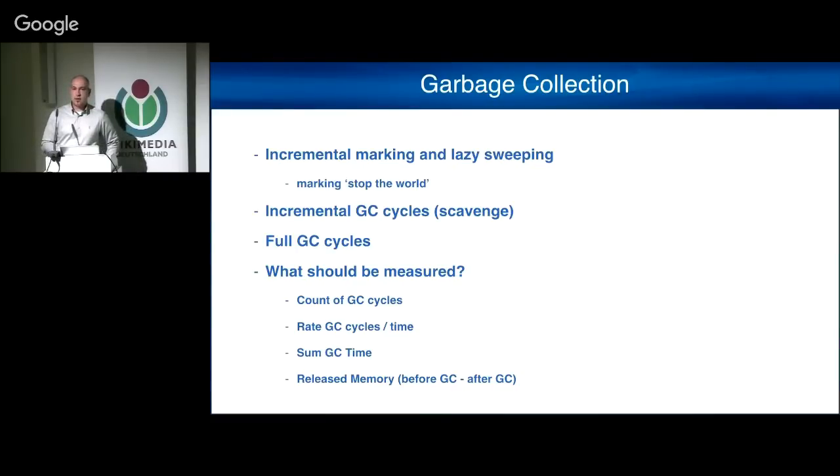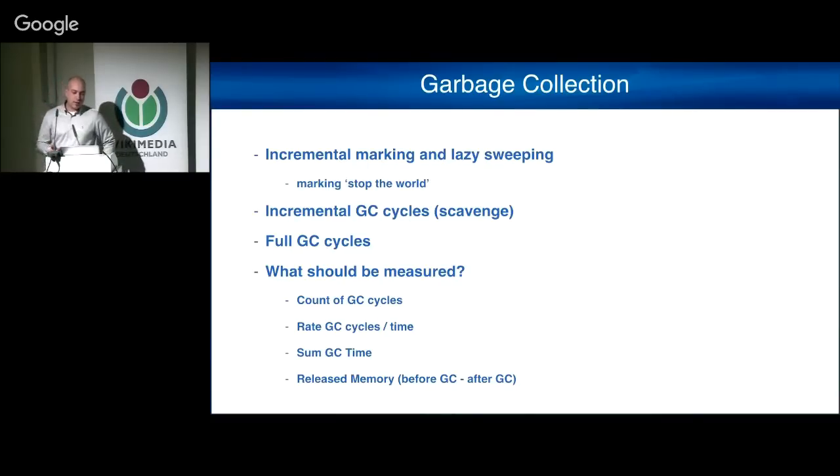The second cycle, what I call here full garbage collection cycle, looks again into objects which have survived the incremental garbage collection. And so it can look to more complex structures and clean those. So the question was, what should we measure? What we could get from open source libraries was a count of garbage collection cycles.